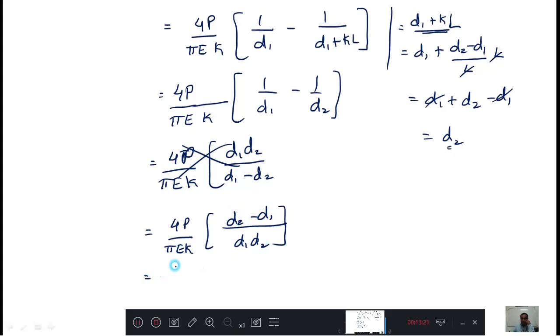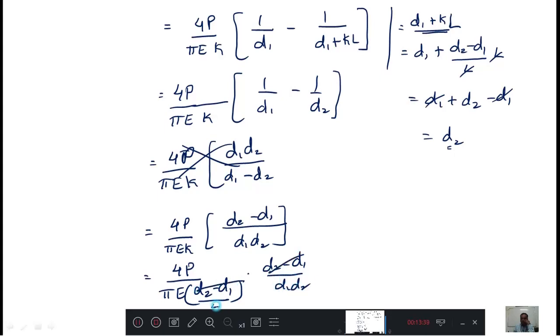Now 4P as it is, pi E as it is. What is k? k is d2 minus d1 divided by L, into d2 minus d1 divided by d1 into d2.